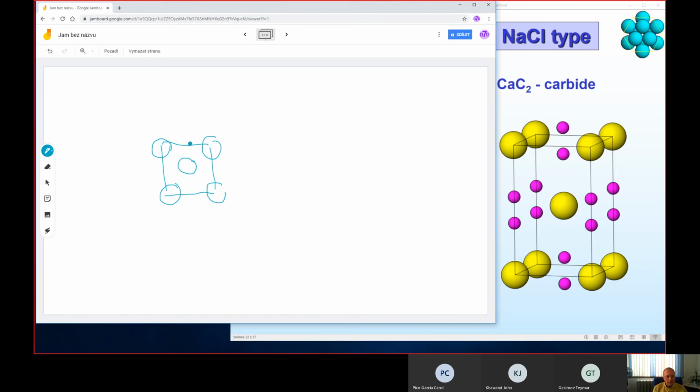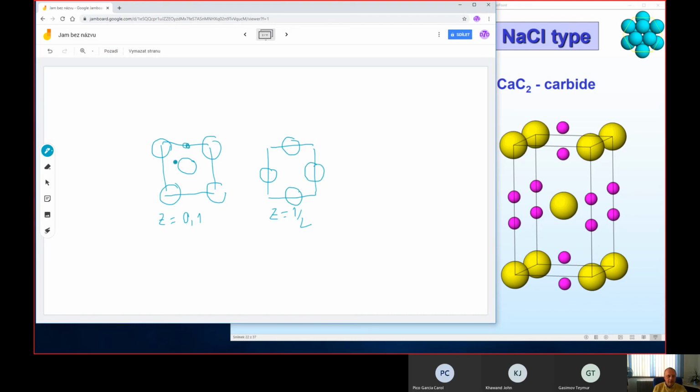So this section corresponds to the Z parameter equal to 0 and 1, and we have another section for the Z coordinate equal to 1/2, and in this case we have the large atoms in the centers of the faces here, and the second type of atoms will be here.